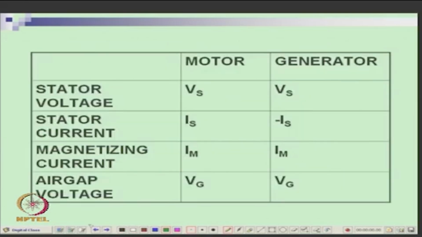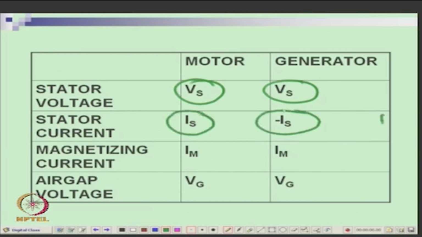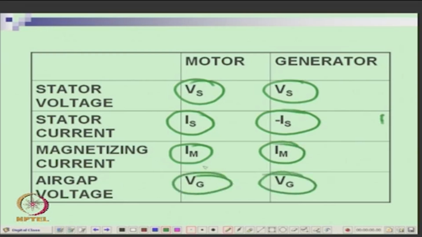Right. Now, if you want to compare stator voltage, motor and generator, I am just comparing. Stator voltage same, no change, agreed. Stator voltage, grid voltage is same. Stator current in a motor it is Is, in generator is minus Is, okay. Magnetic current same, Im and Im. Air gap voltage is same, no change, okay, just comparing.